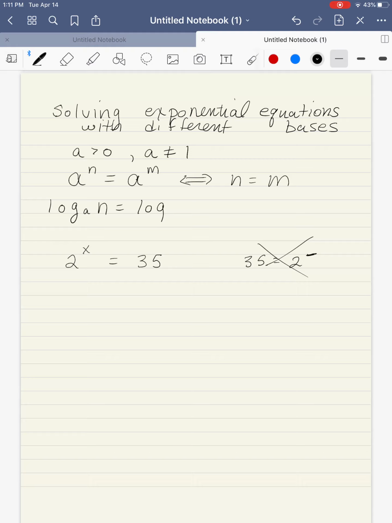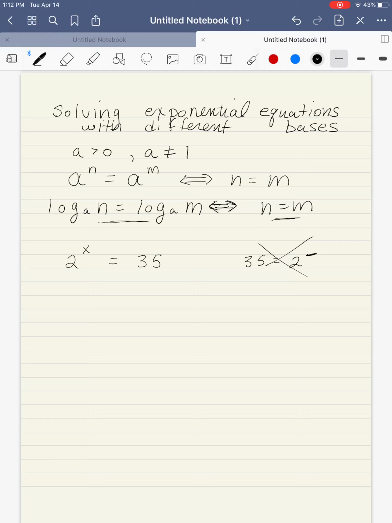Remember when we were solving logarithmic equations, we saw that if the logarithm base a of n equals the logarithm base a of m, then it's true that n equals m, and we could set our arguments equal. Notice that this arrow here goes both ways.